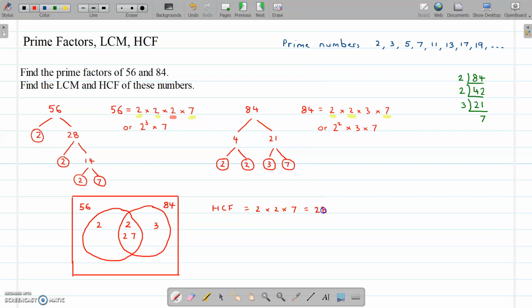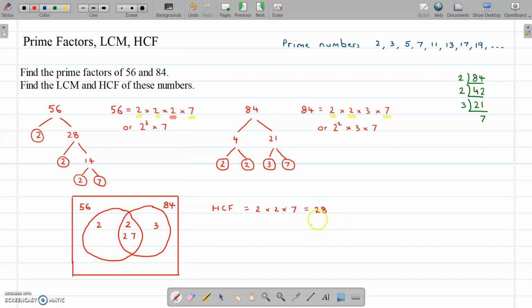So that means that both 56 and 84 divide by 28, and there's no number bigger than 28 that does that. I think you can quickly check for yourself that that's the case.